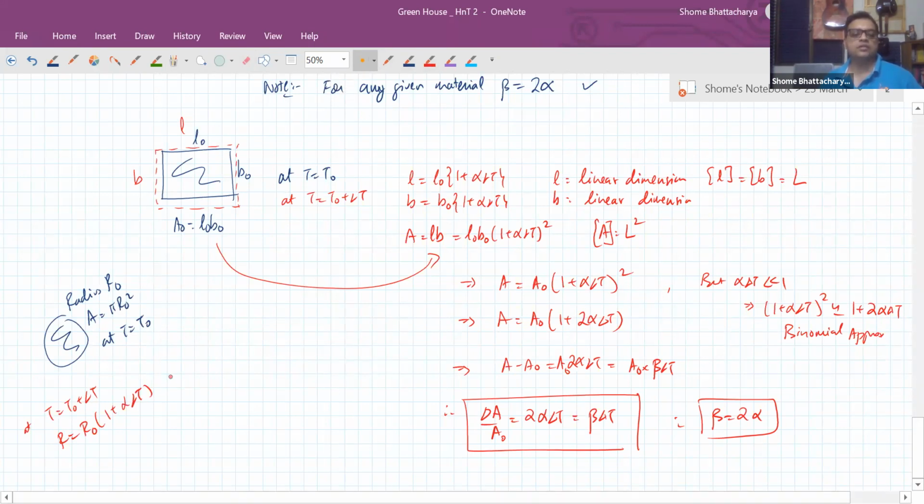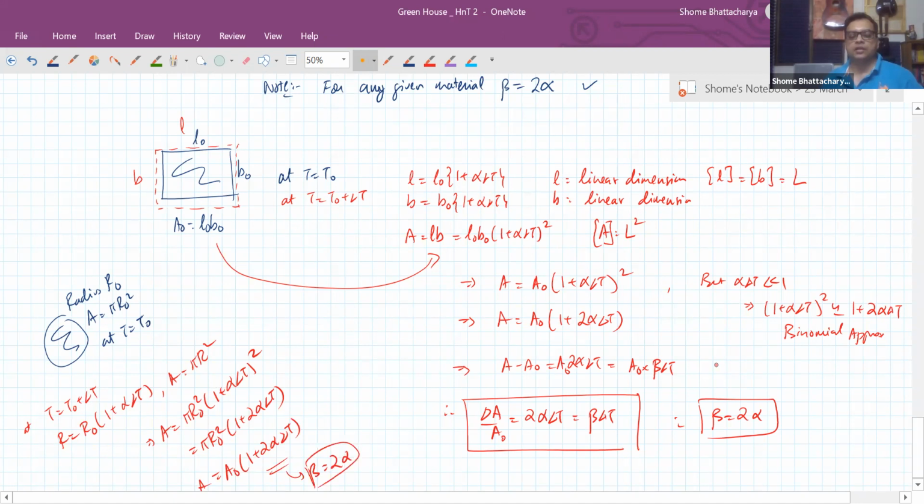So the new area becomes pi r square, that is pi r naught square into 1 plus alpha delta t whole square. From this you can see that beta is equal to twice of alpha. So in a sense, it is an application of binomial approximation or the concept of error propagation. So just make a note of this quickly.